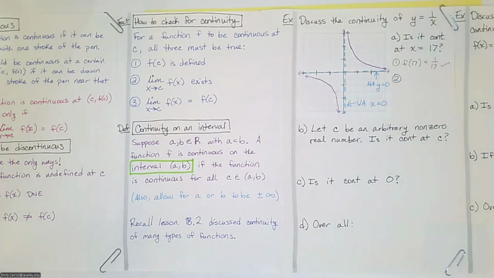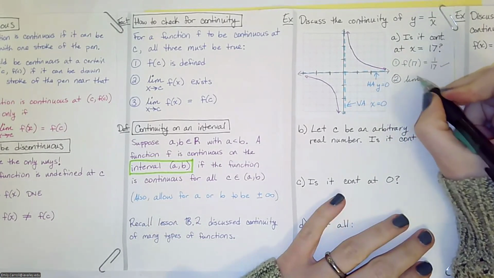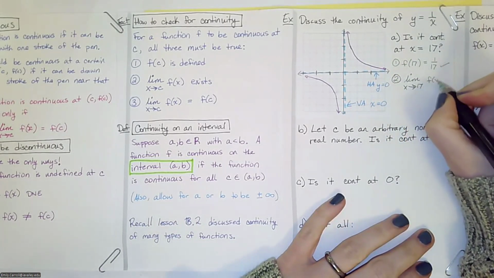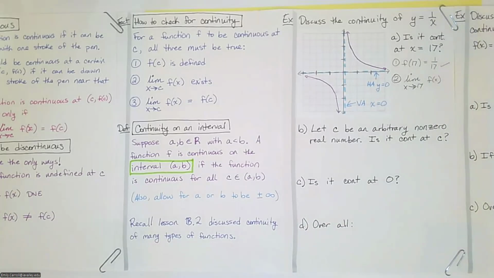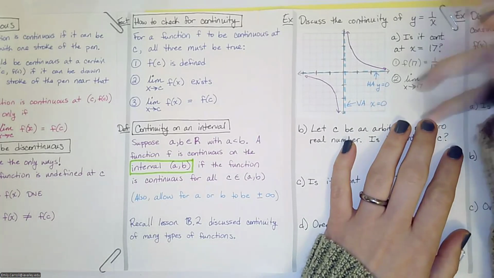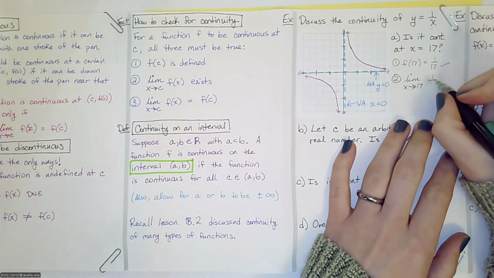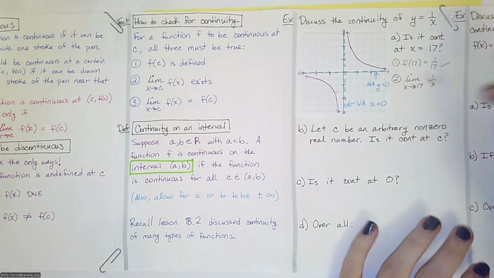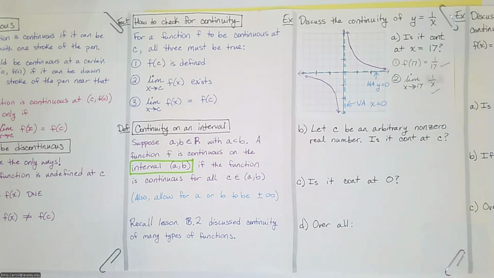2, the limit as x approaches 17 of f of x. Well, in this function f of x, which is equal to 1 over x, is there anything stopping x from going to 17 there? No. That limit will exist.